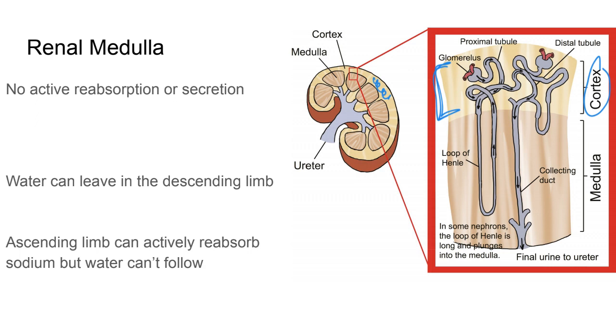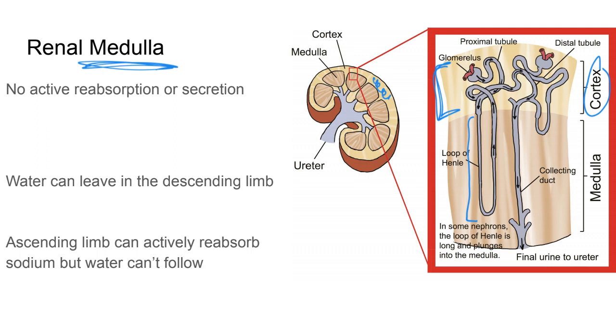We leave that out, and we haven't been talking about the fact that it's doing reabsorption or secretion or anything like that. So sometimes that loop is long enough where it goes all the way down into the renal medulla, where the renal medulla forms those pyramids that have those papillae at the end that will eventually empty into the renal pelvis, that central part of the kidney.